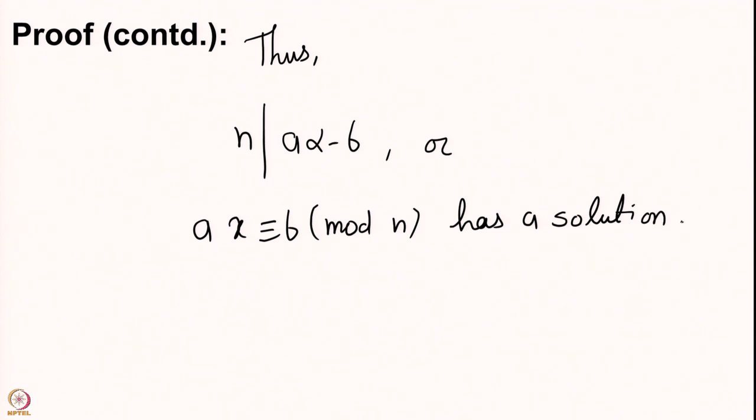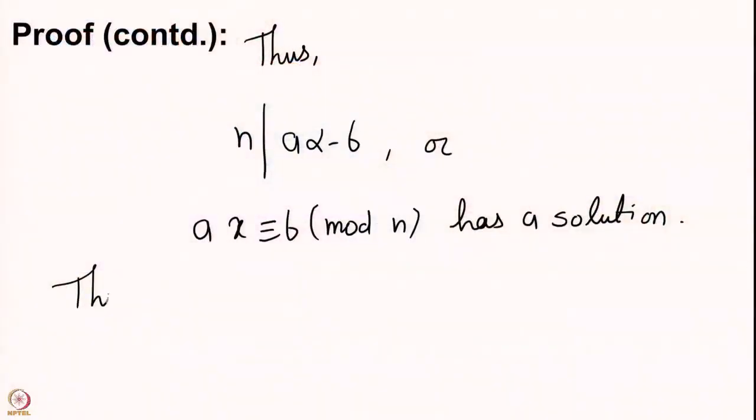So, we started with this smaller equation, A prime x congruent to B prime mod n has a solution, and we proved that the larger equation has a solution.